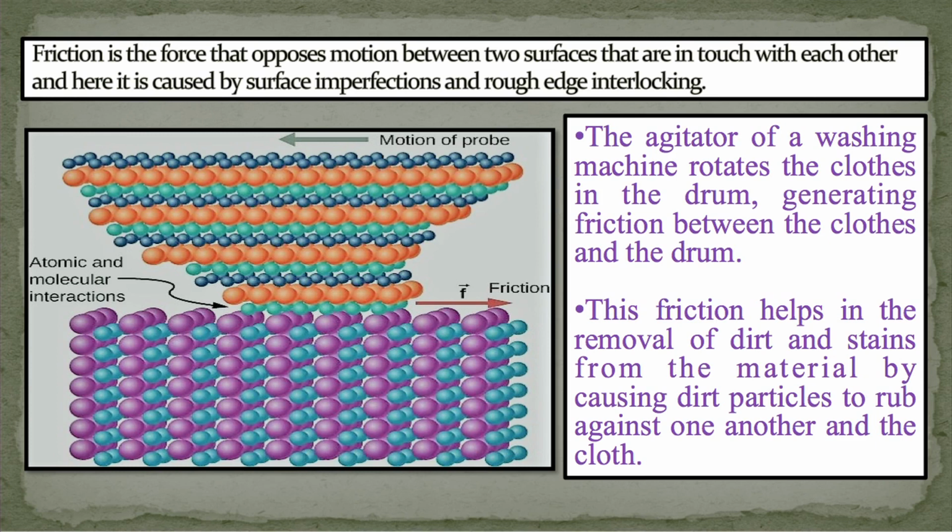The agitator of a washing machine rotates the clothes in the drum, and it generates friction between the clothes and the drum. This friction helps in the removal of the dirt and stains from the materials by causing dirt particles to rub against one another, and the clothes in this process get clean.